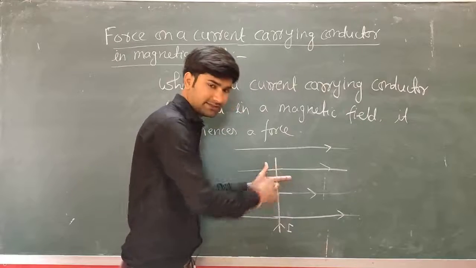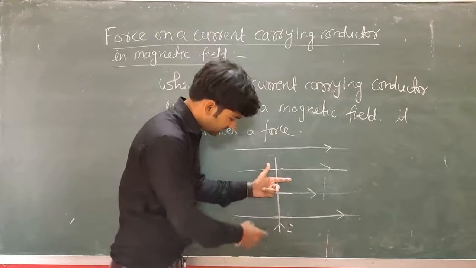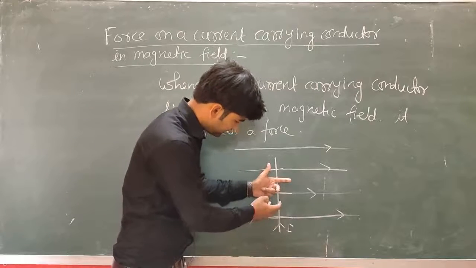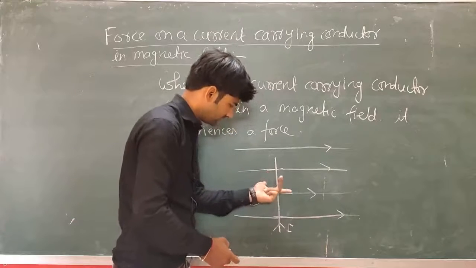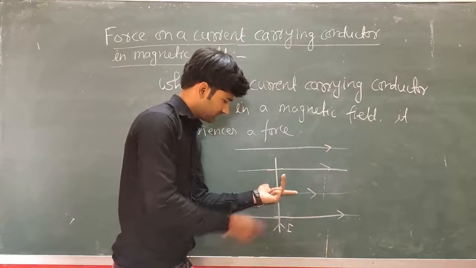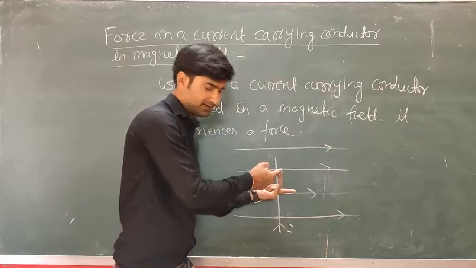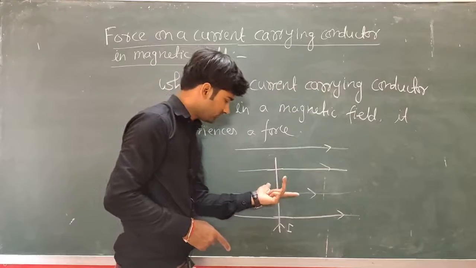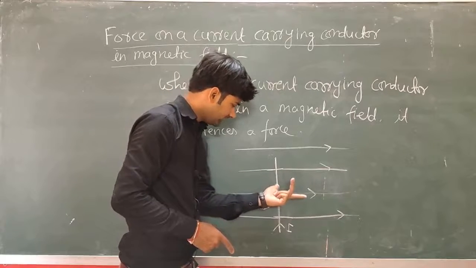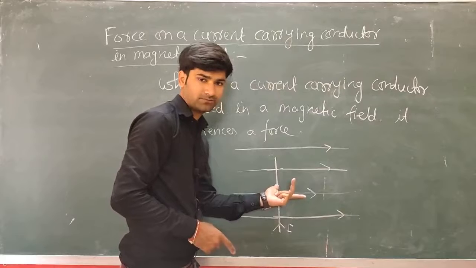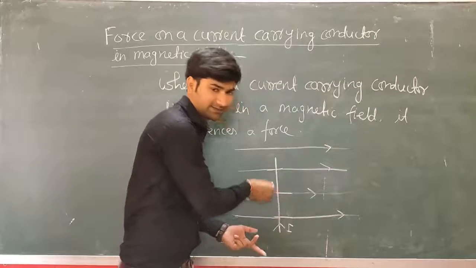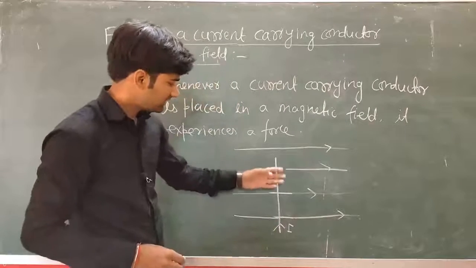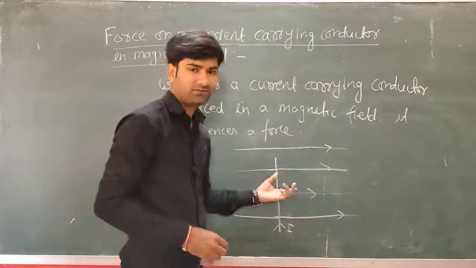The forefinger is in the direction of magnetic field, and this is the direction of current, it means upward. Then this thumb will show the direction of force. It means force acts inward to the blackboard on this conductor. So by using Fleming's left hand rule, we can find the direction of force.